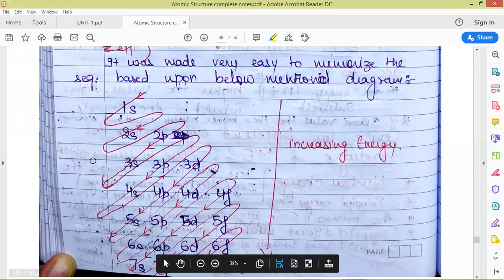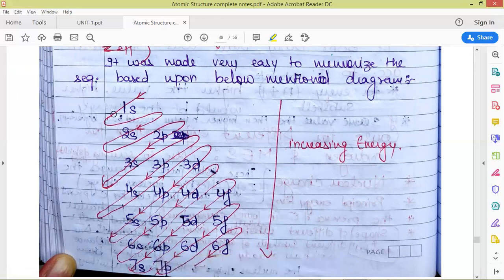Now we start making downward pointing arrows. We start from the lowest energy orbital, that is 1s, then comes 2s, then 2p. On the way there is 3s, then I go back again and come to 3p.